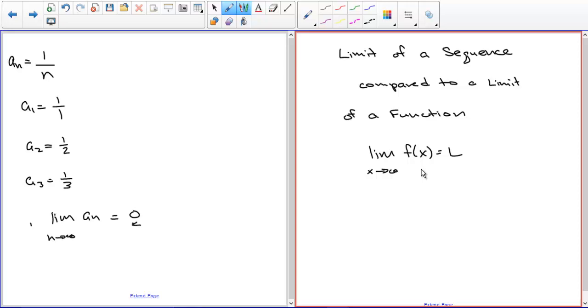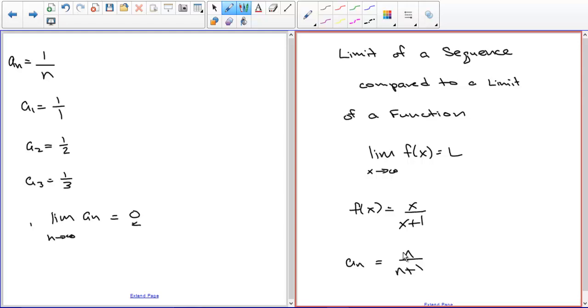Let me just give you an example of that. So let's say I have a function which is x divided by x plus 1, and I have a sequence a sub n which is equal to n over n plus 1. So all I'm doing is, one is a sequence and one is a function.